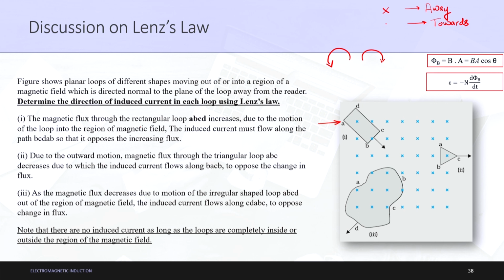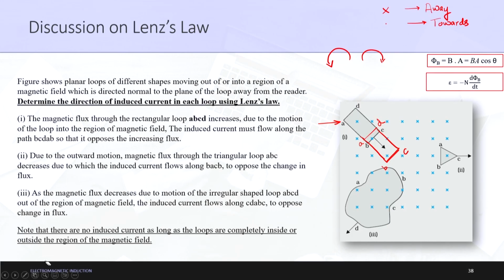The magnetic flux through the rectangular loop ABCD increases due to the motion of the loop into the region of magnetic field. As it is clearly visible, as this ABCD portion goes inside, it will be something like this. This will be A, this will be B, this will be C, and this will be D. It is quite evident that the magnetic field area inside ABCD is increasing.